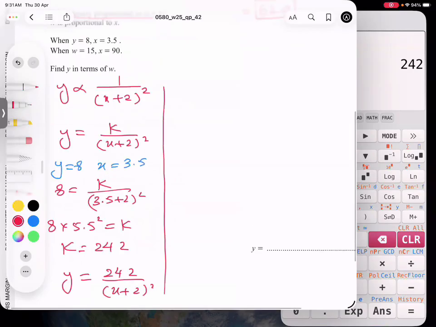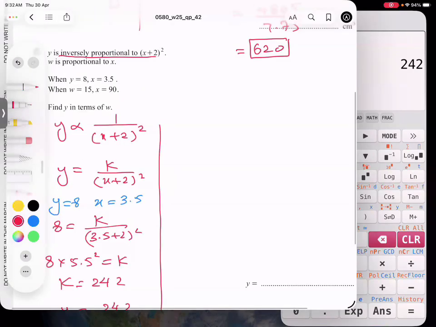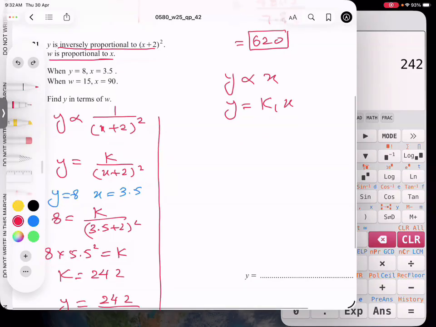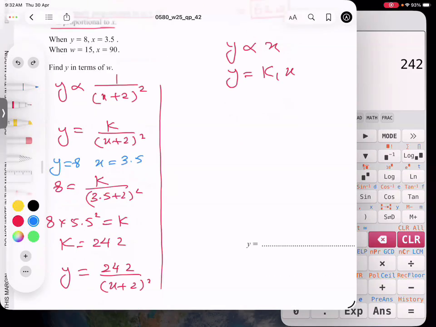Now he's asking further. We have another formula given. And line number 2, w is proportional to x. This is called directly proportional to x, or proportional to x. K1 comes here because k is already used. And now students, I'm plugging in these pairs, the value of w and x. So w value is 15 and x value is 90. Sorry to say this is not y, this is w basically.